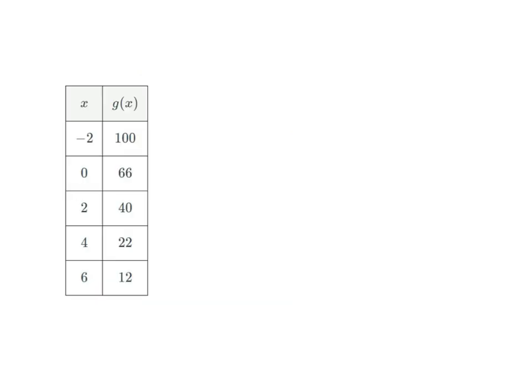Okay, here we have a table, and it's the same interval, which is 2 and 4. So we have x and g of x, so that can be considered as x. g of x is the same thing as y.